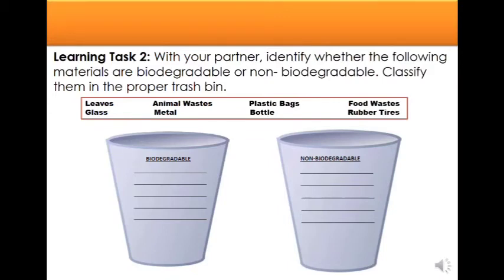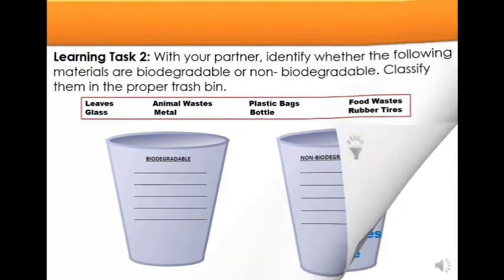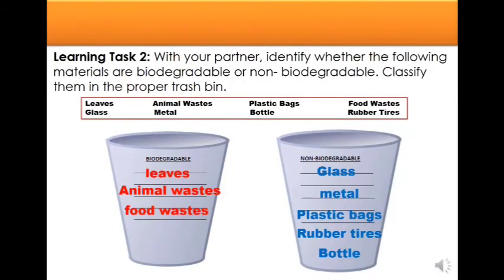Tama. So, alin kaya dyan? So, ito po sila. Biodegradable materials include leaves, animal waste, and food wastes. And non-biodegradable materials include glass, metal, plastic bag, rubber tires, and bottle.